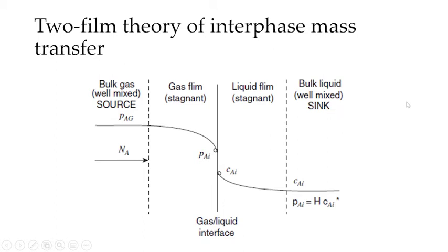Now, in order for us to understand this interface mass transfer, we first have to realize that both diffusion and convective mass transfer are at work in interface mass transfer. The gas film and the liquid film are both called the boundary layers. In the boundary layers, diffusion accounts for the majority of the mass transfer. That means that in the boundary layer, we are encountering the slowest rate of mass transfer.